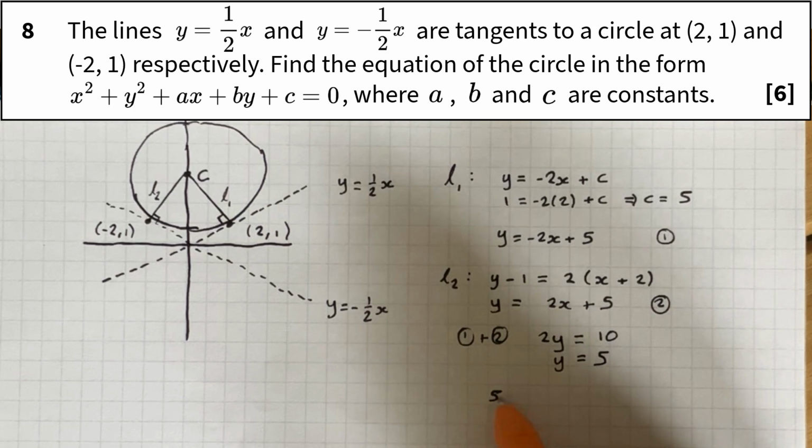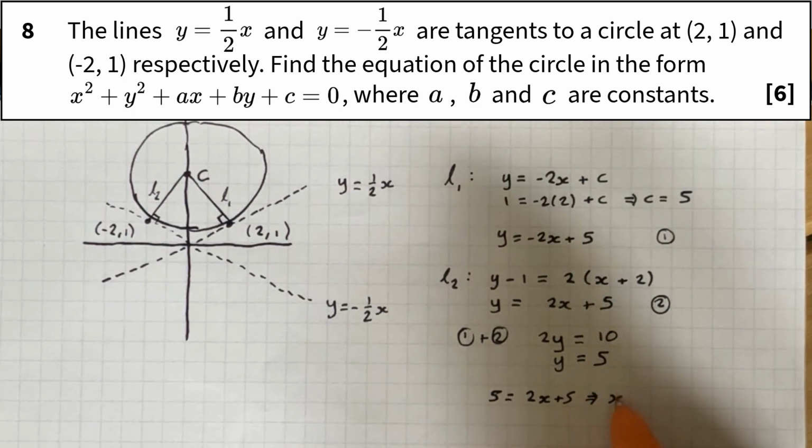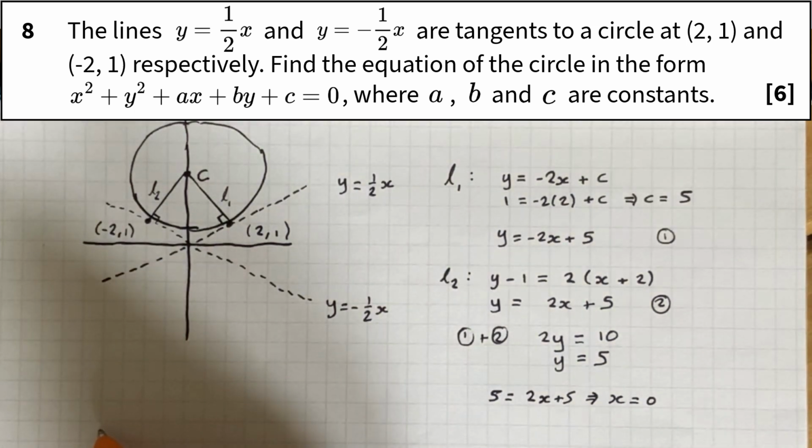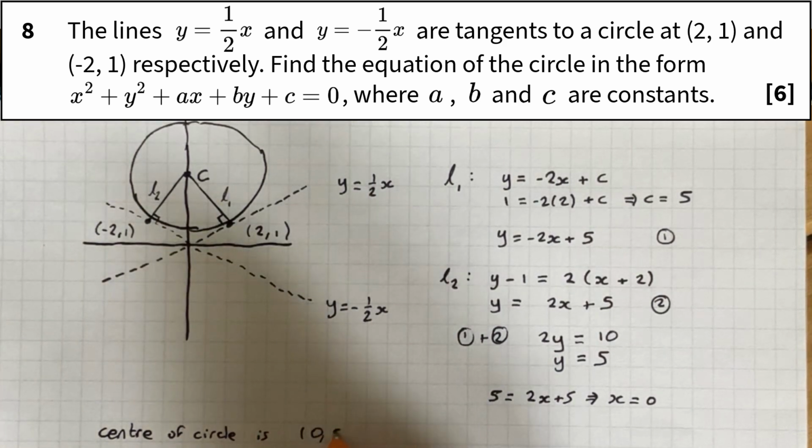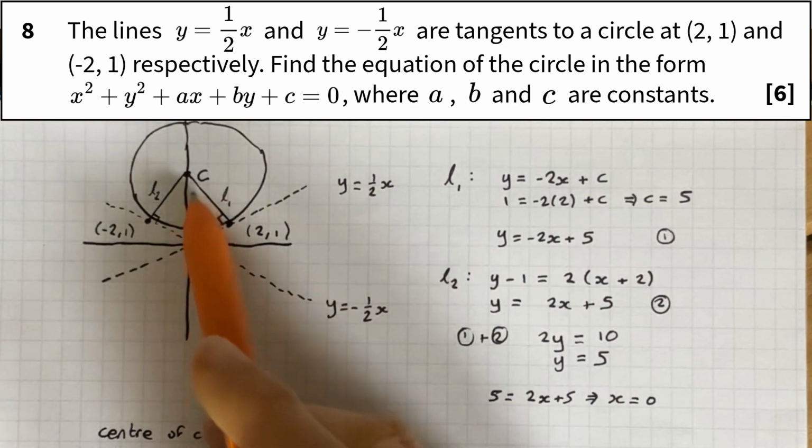If y is equal to 5, we can sub this back in, whichever equation you like. We're going to get 2x is 0, so x is 0. And it kind of makes sense looking at the diagram. (2, 1) and (-2, 1) are symmetrical, so it makes sense that the center would lie on the y-axis. So this just confirms it. So the center of the circle is at (0, 5), as I've written there.